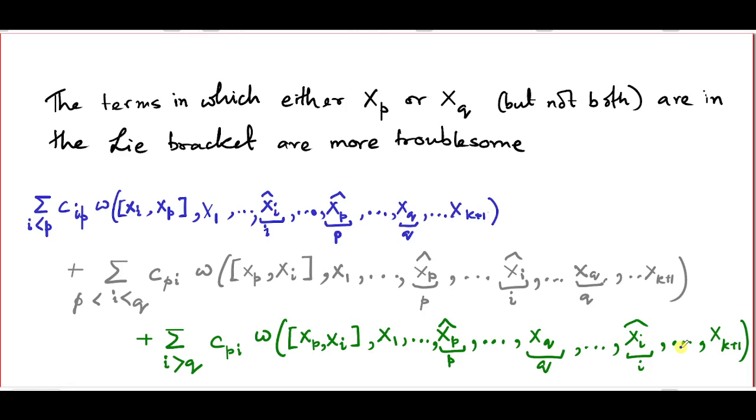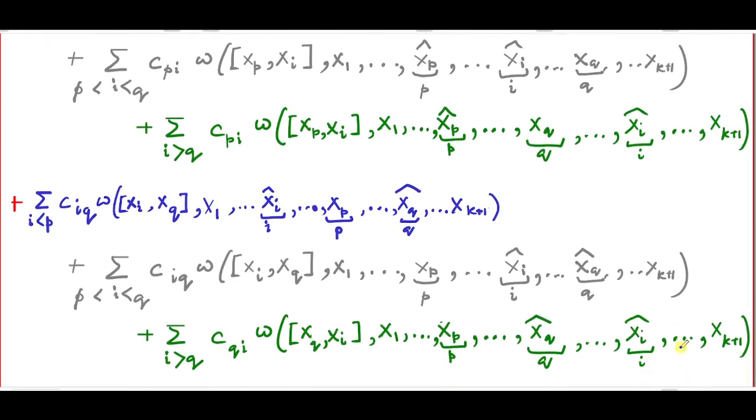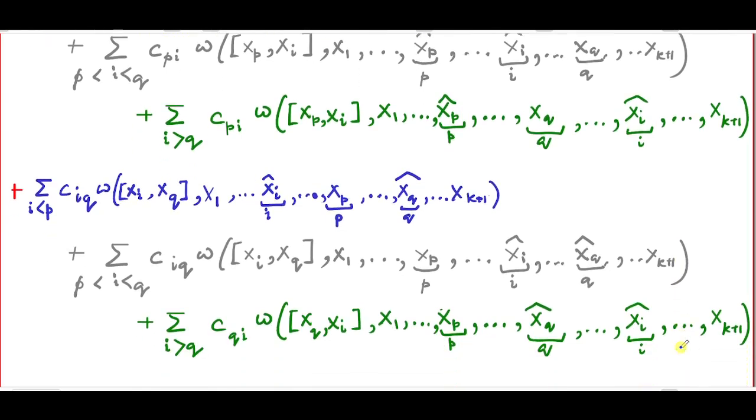Of course, these three sums are those where xp is in the Lie bracket and missing from the rest of the argument list. We will also have similar three terms where xq is going to be in the Lie bracket, and now I will have three pieces depending on the relative position of I, p and q.